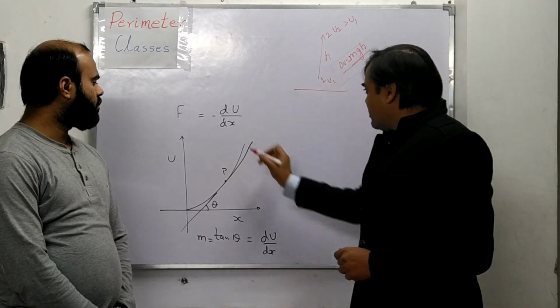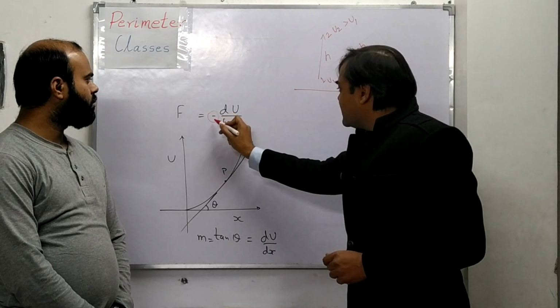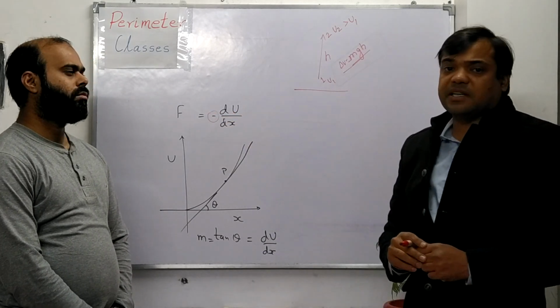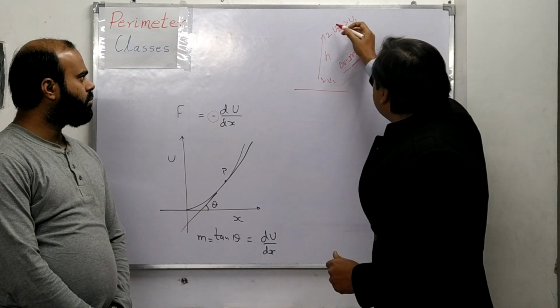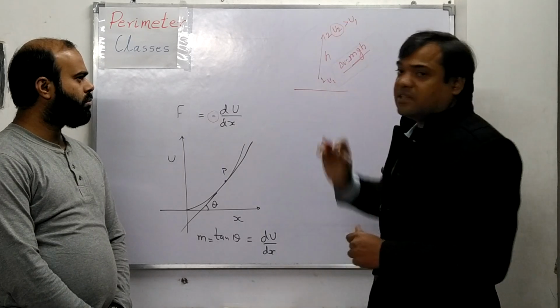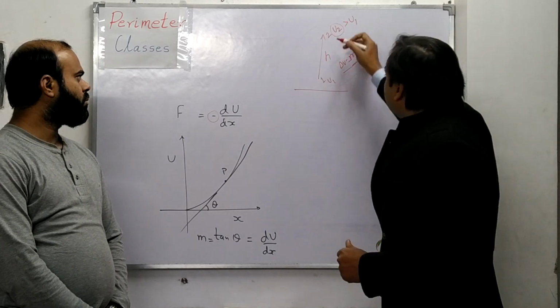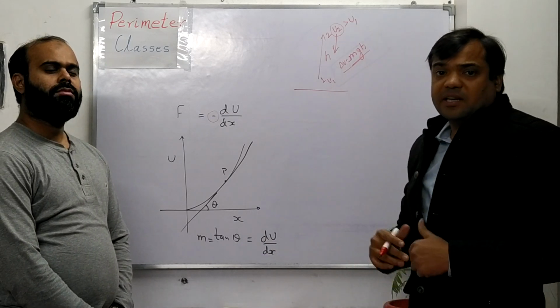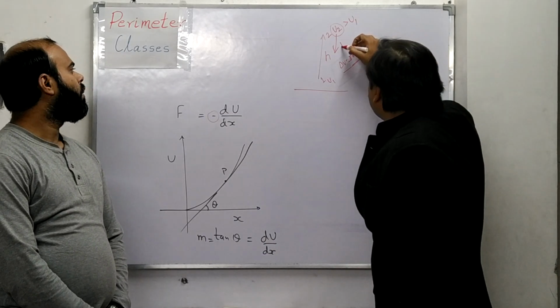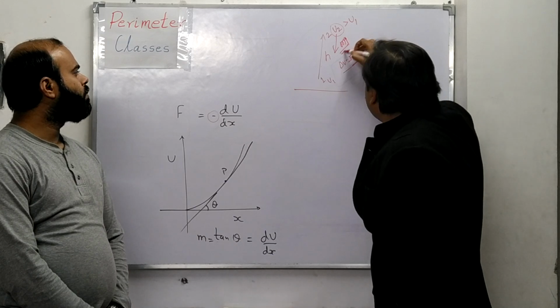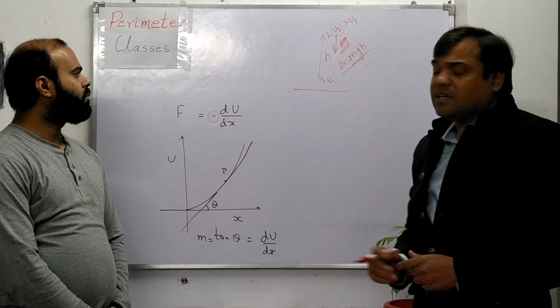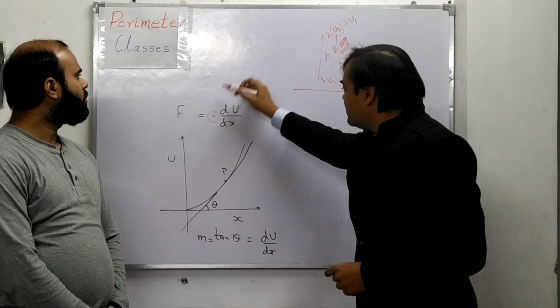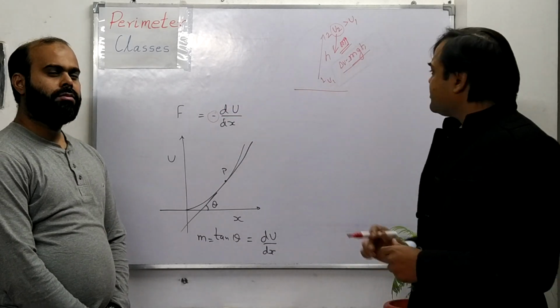Now what is the meaning of this negative sign here? This negative sign simply represents that the force is in the direction of decreasing potential energy. That is, the force will be along U2 towards U1, and as you already know, the gravitational force mg always acts in vertical downward direction, and this is what is being represented by the negative sign here.